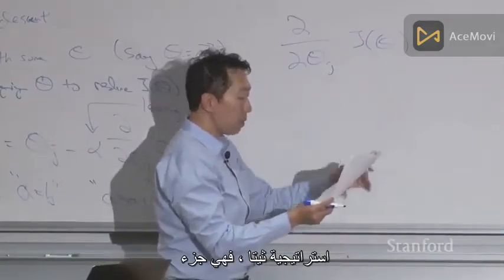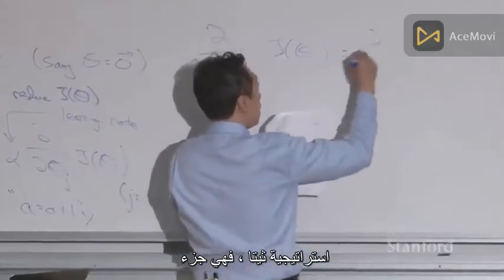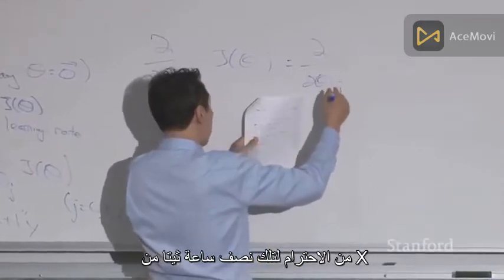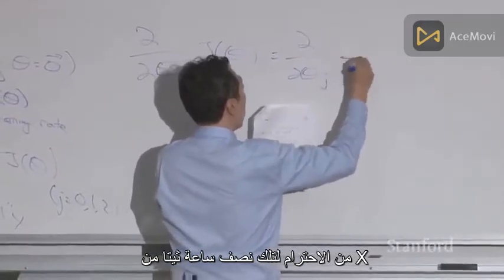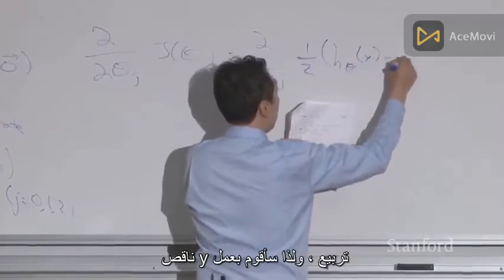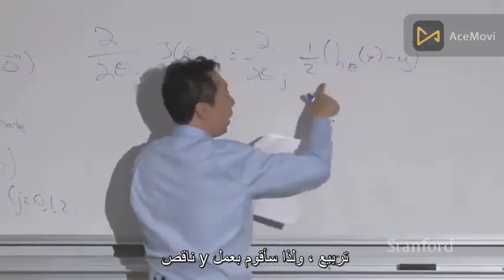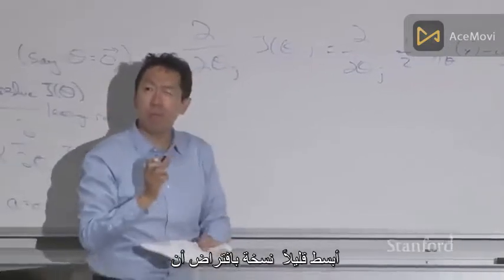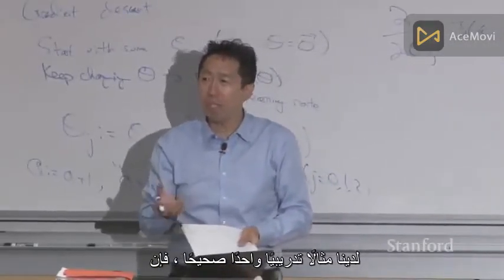So the partial derivative with respect to theta j of J of theta, that's the partial derivative with respect to theta j of 1/2 (h of theta of x minus y) squared. I'm going to do a slightly simpler version, assuming we have just one training example.